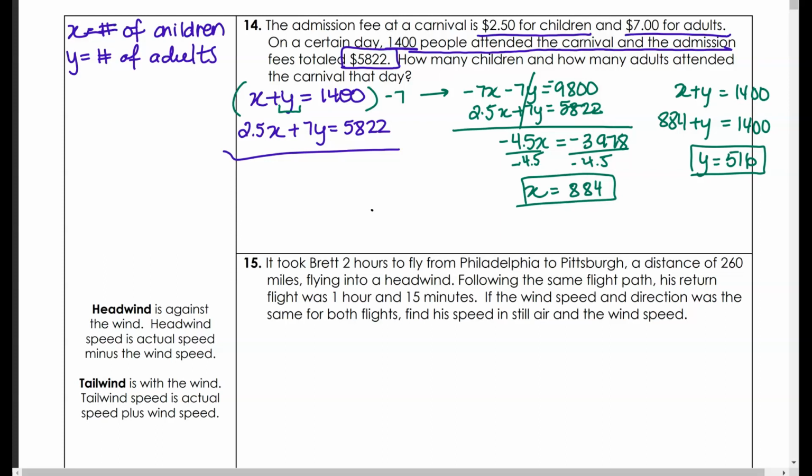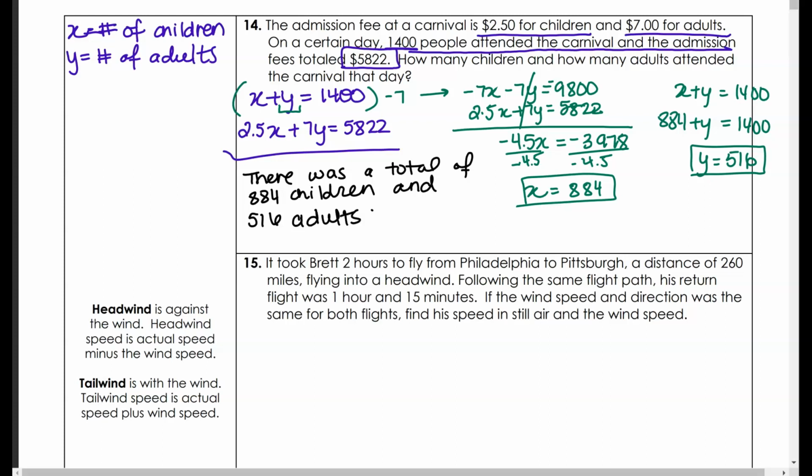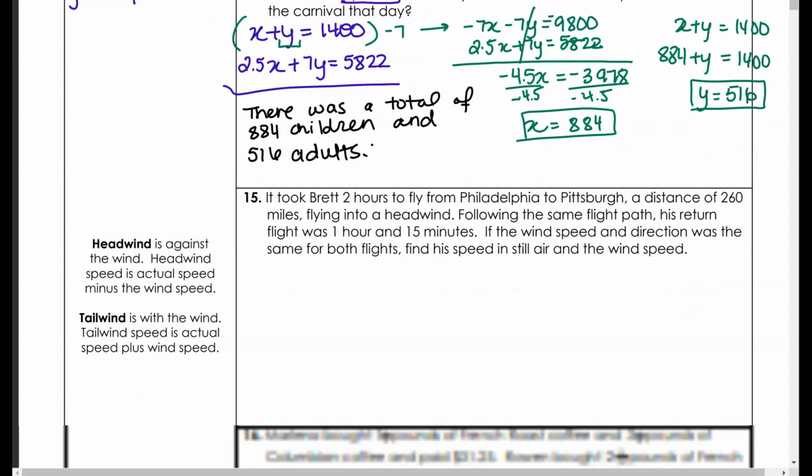We would say there was a total of 884 children and 516 adults. Oops, can't spell that word. There. And that's it for that problem.